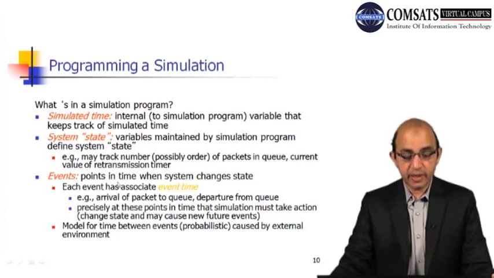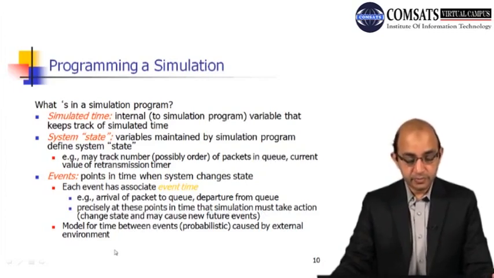Then events are points in time when the system changes state. Each event has an associated event time, such as arrival of the packet to the queue, departure from the queue. Precisely at these points in time the simulation must take action.